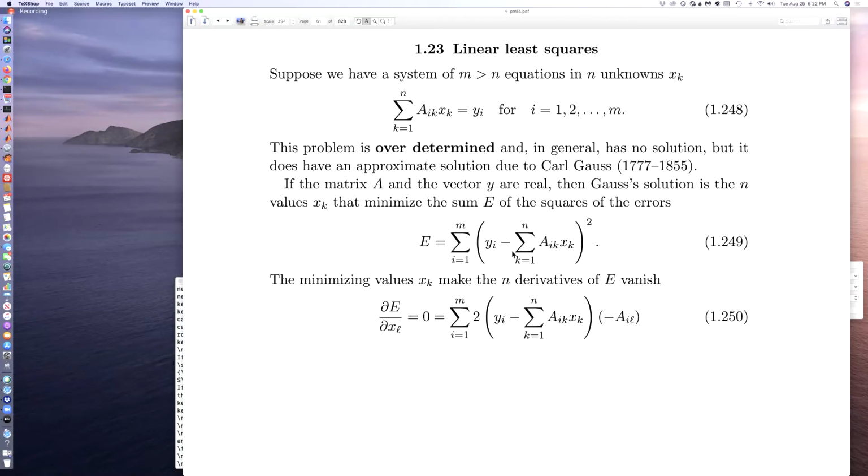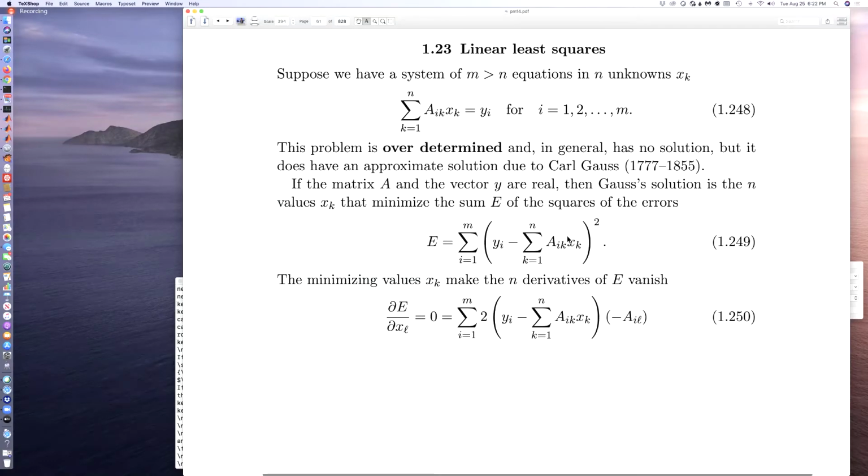The error is the sum over the large number of required solutions of the difference from this linear combination's best guess at each solution. So you have y_i minus the sum on k of a_ik x_k, and you take that thing squared, and then you sum over i. And that gives you the total squared error.